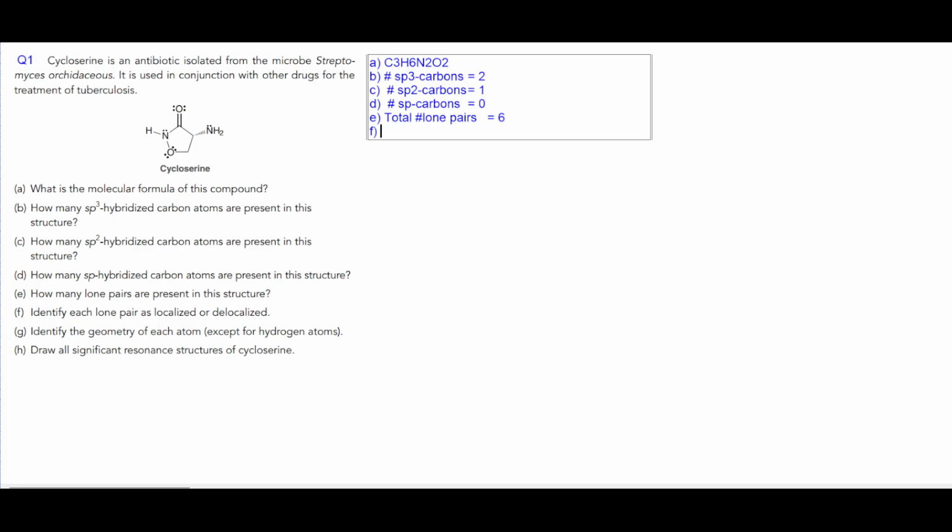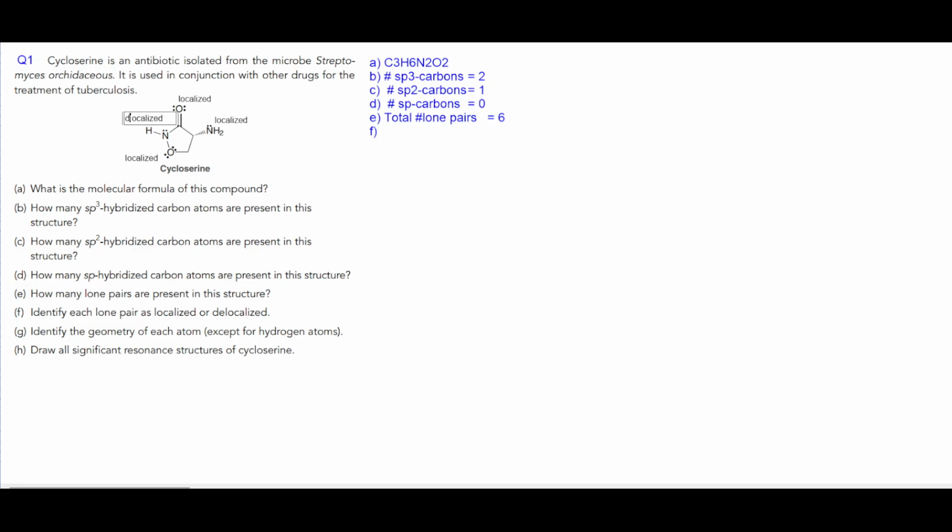So I can simply show that this particular oxygen lone pair is localized. Same goes with this nitrogen because it's not in conjugation with this pi bond, so it's also localized. This oxygen's lone pairs are also localized ones. But the lone pair on this nitrogen particularly is delocalized.